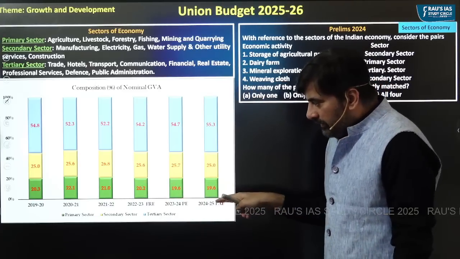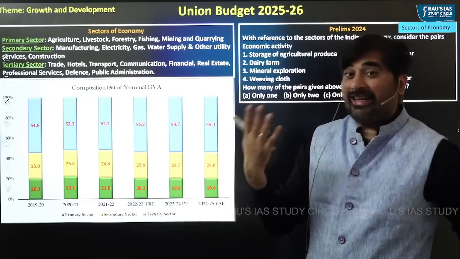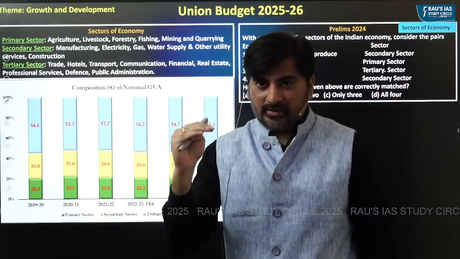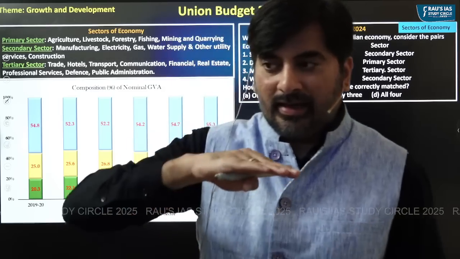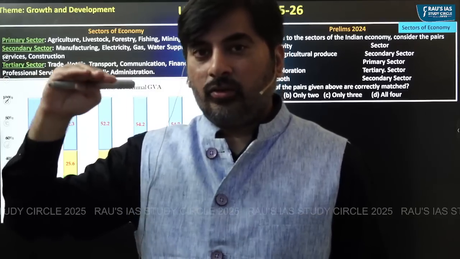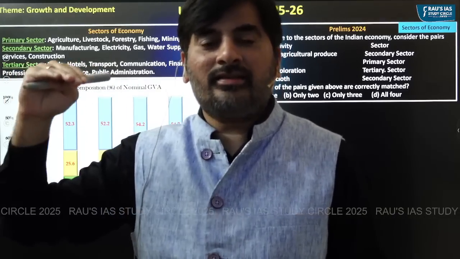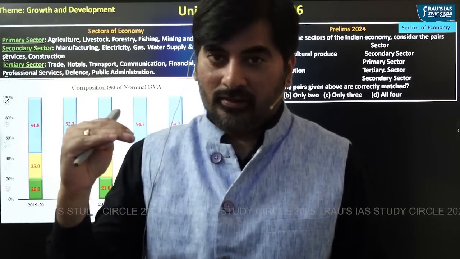Even though the graph here does not show the contribution of the agriculture sector to India's GVA, please remember one thing: in the last decade, the share of the agriculture sector in India's GVA has remained almost stagnant at 18%.